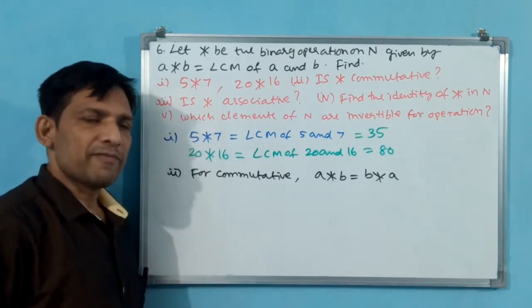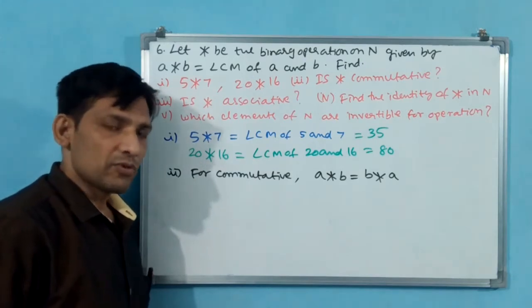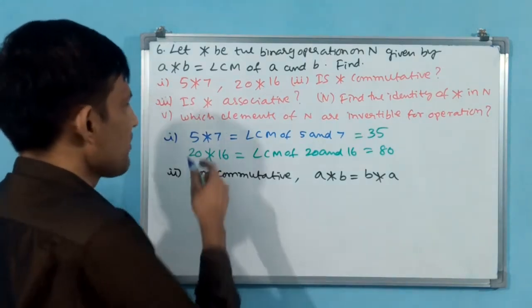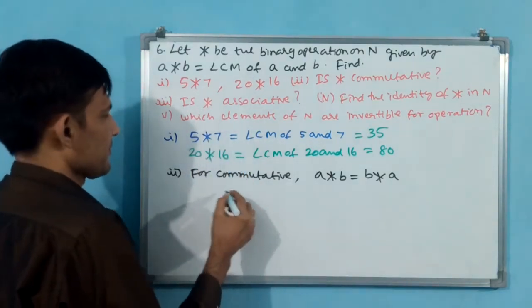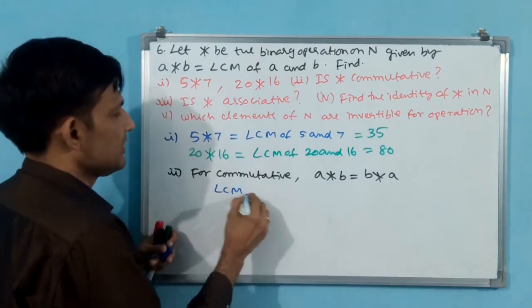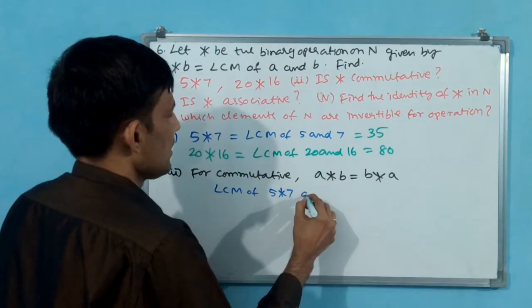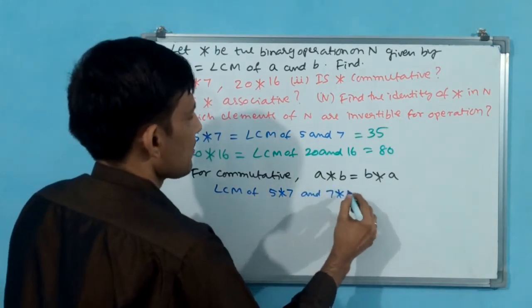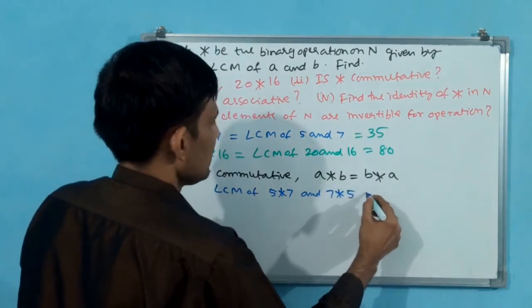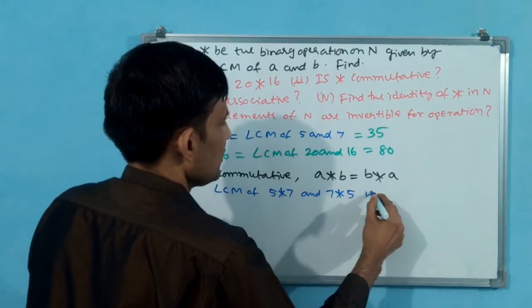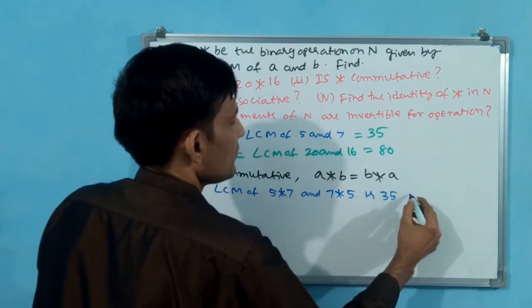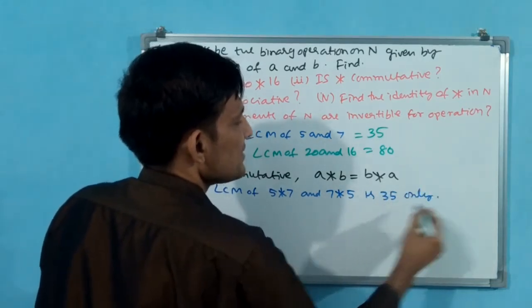See, LCM of 5 and 7, LCM of 7 and 5, both are same, 35 only.